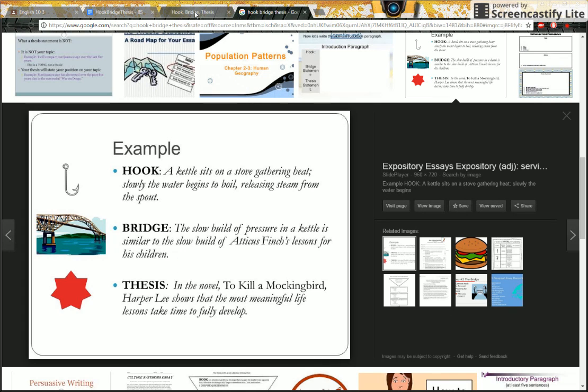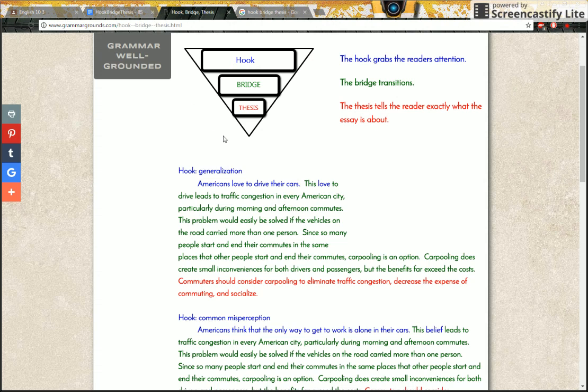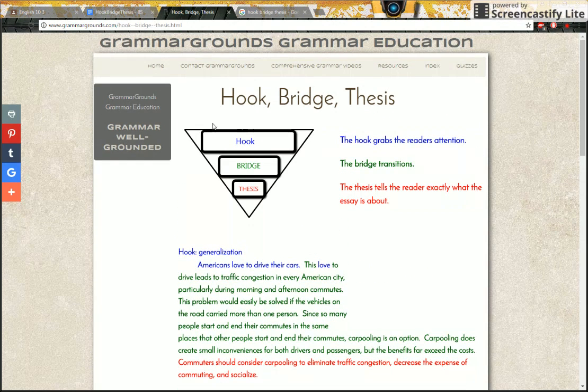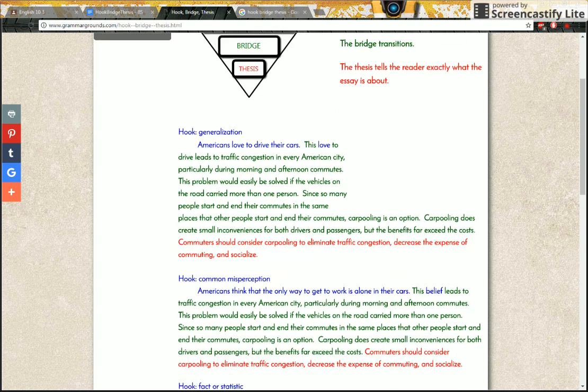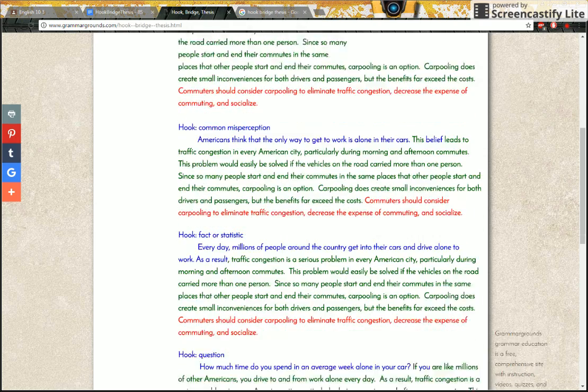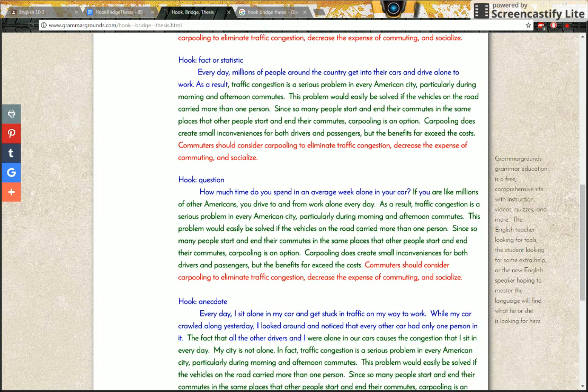And then if you Google hook bridge and thesis, the first thing that comes up is this Grammar Grounds grammar education website that has good explanations and short definitions of the hook, bridge, and thesis. You might be able to gain something from this, but there's not a great explanation of what the transitions are.